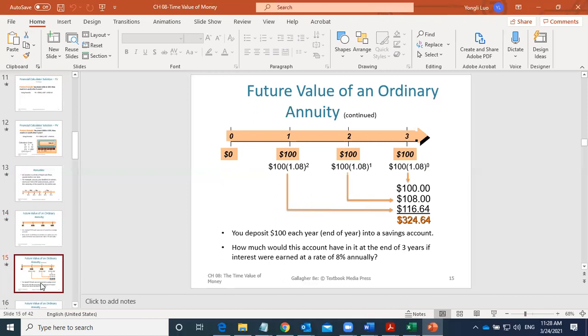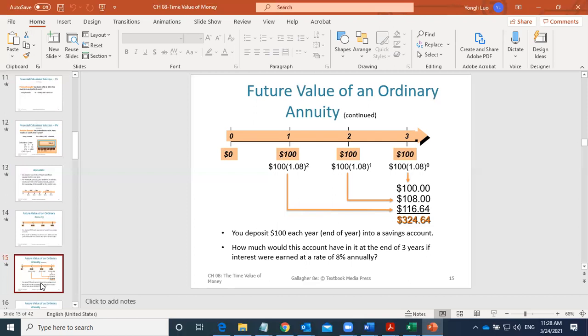Any questions? Okay, so you can see the difference. If this is an annuity due, the $100 is made at the beginning of each time period, right? So you can see the first 100 is going to generate interest for 3 years, not just 2 years, right?